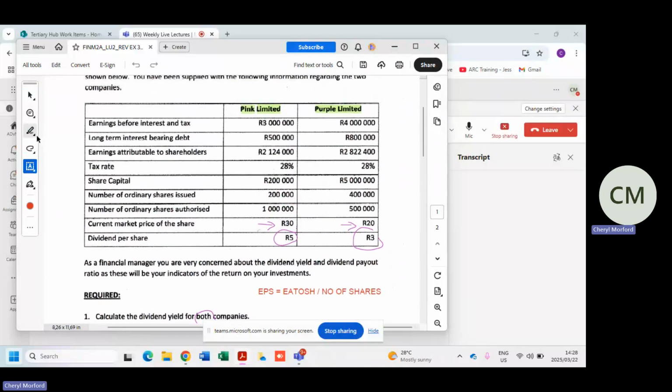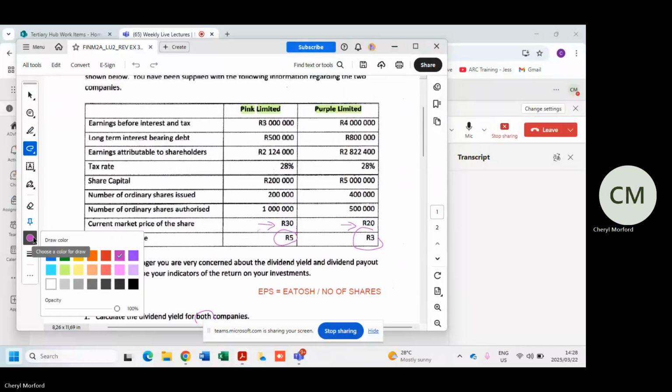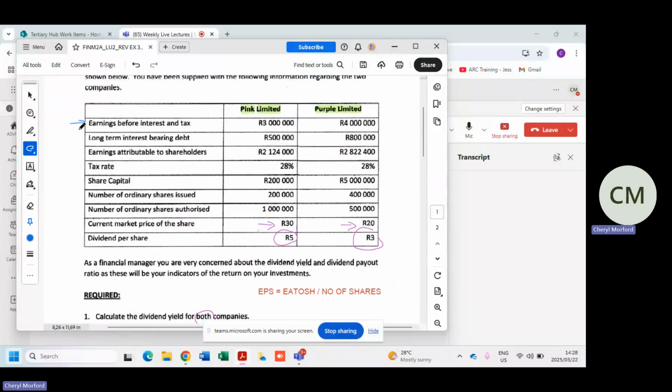Here we've got some information that relates to earnings. So the first one is here, earnings before interest and tax. And here's another one, earnings attributable to shareholders. So one of these is the correct one, one is the wrong one.